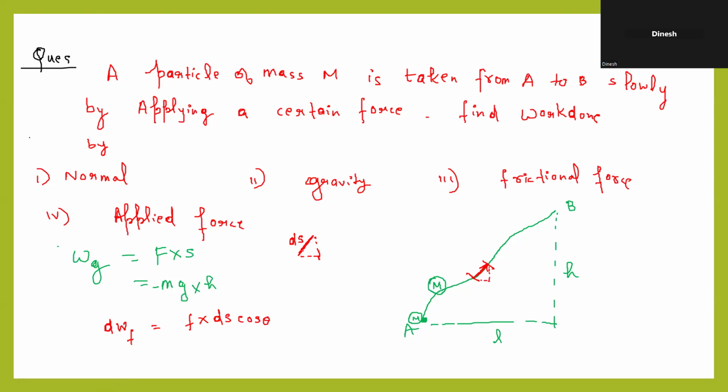This is theta. ds means this is dx, dy, this is dx. From here to here, there is a certain angle between displacement and the force, that is theta, cos theta. But what is friction here?